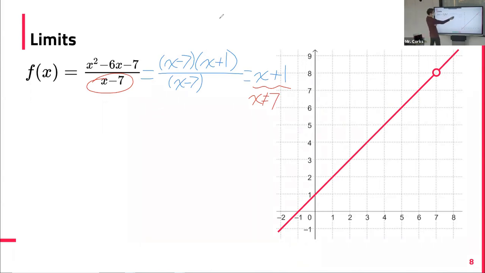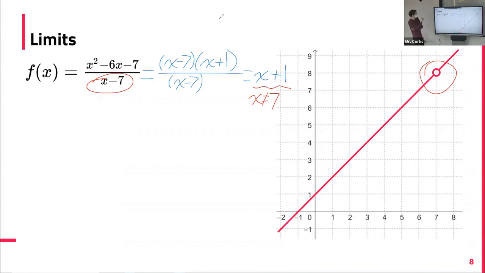So x plus 1 tells us values for every point here except when x is equal to 7. That's the one point that we can't use this for. So that's here on our graph. We have this big question mark. What happens there?